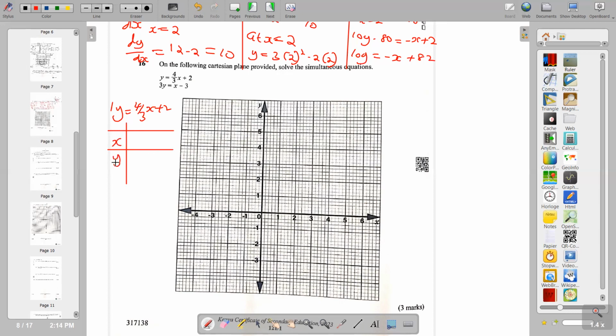So you have x and y. Now this question is tricky because you need to find the value of x that you're going to choose, it must be divisible by 3, so that it is easier.